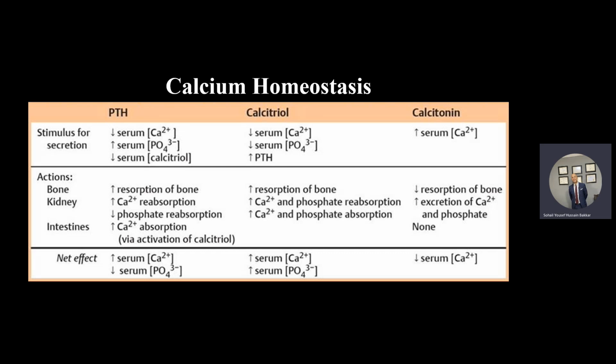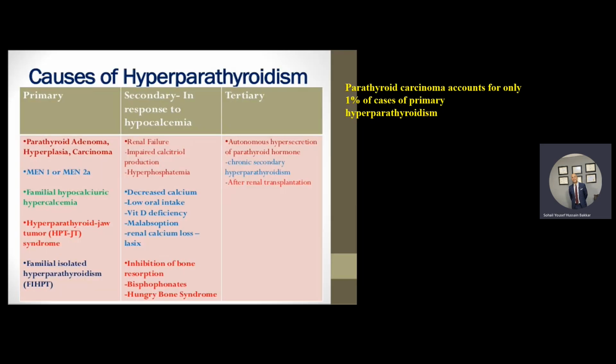This table summarizes the effect of the parathyroid hormone, the active form of vitamin D3, which here is written as calcitriol, and calcitonin on calcium homeostasis.